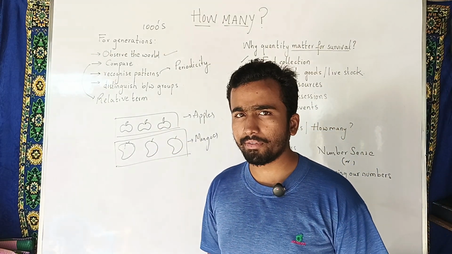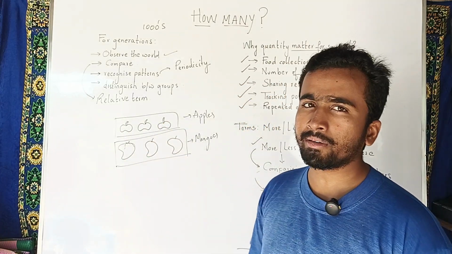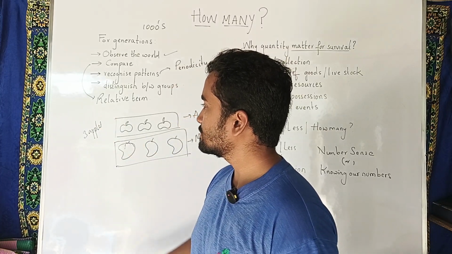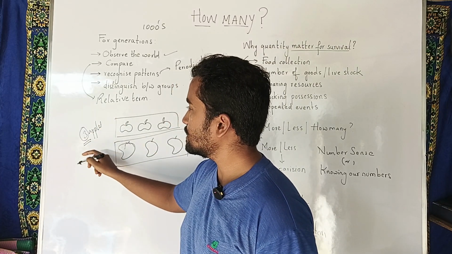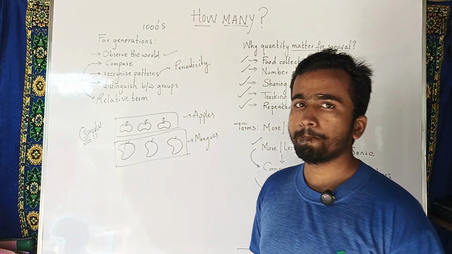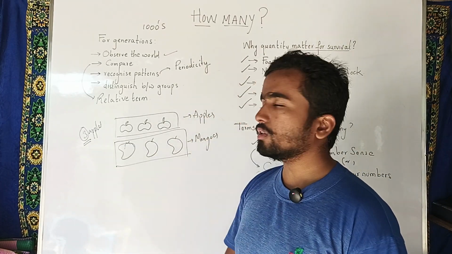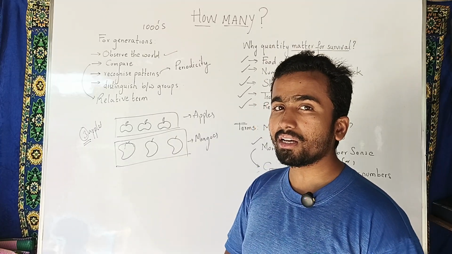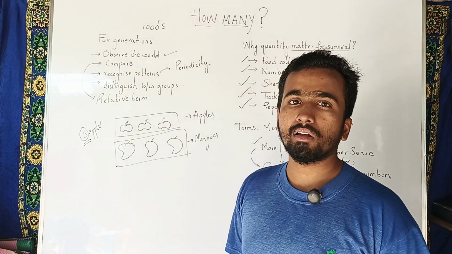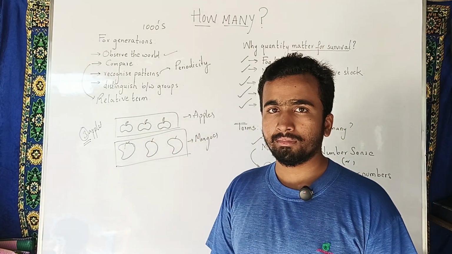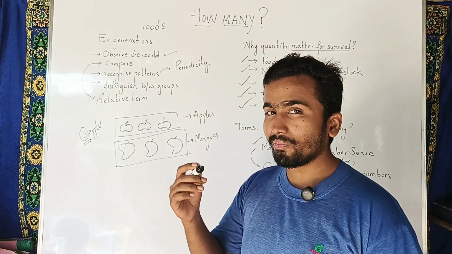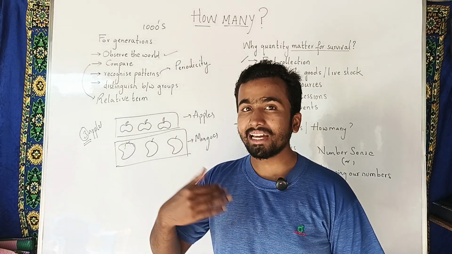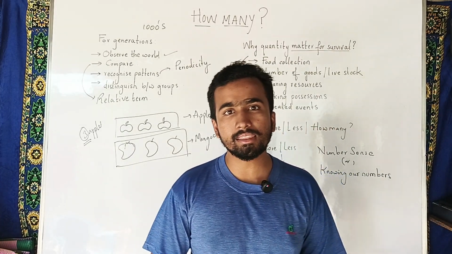See, because we are aware of numbers, we can say that there are three apples here, right? Because we use the symbol 3 here, because we already knew numbers. But assuming that we don't know any numbers, it's a really difficult thing for us to track the quantity of apples here. How the gap of measuring the quantity was fulfilled in the later time, we'll be discussing in the next video.